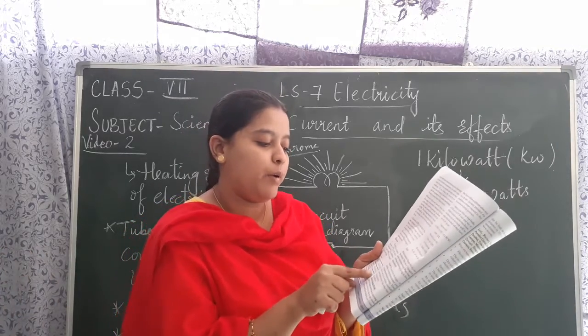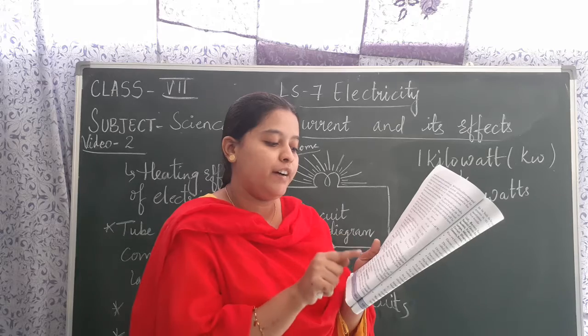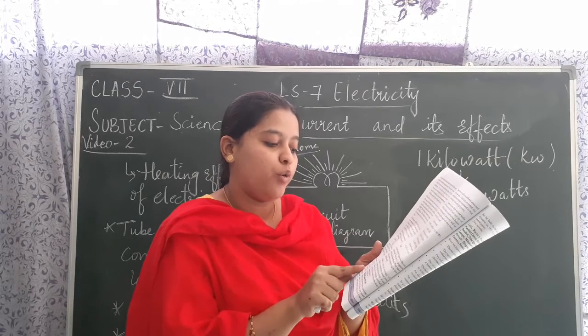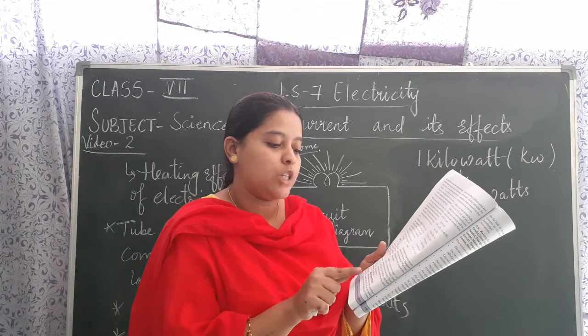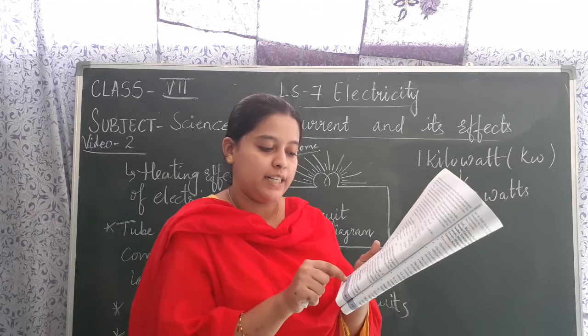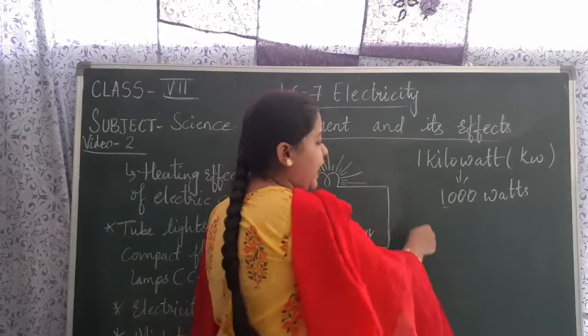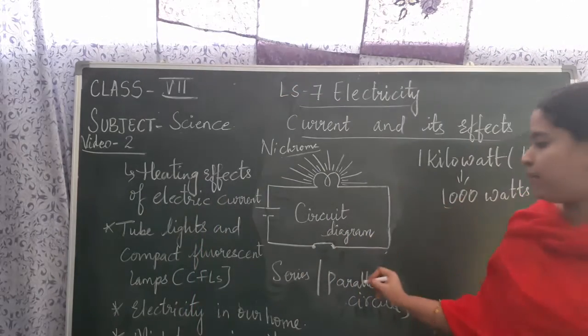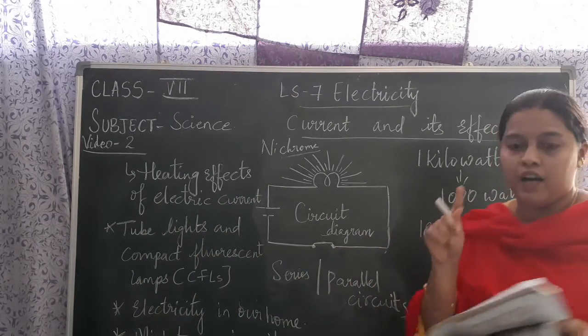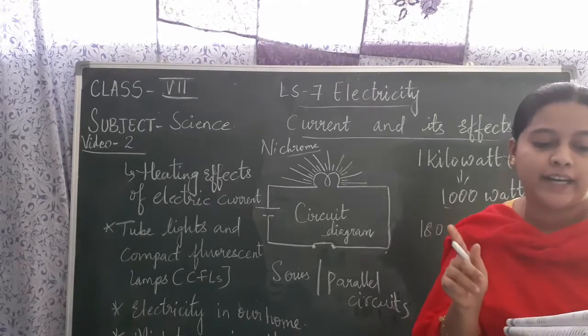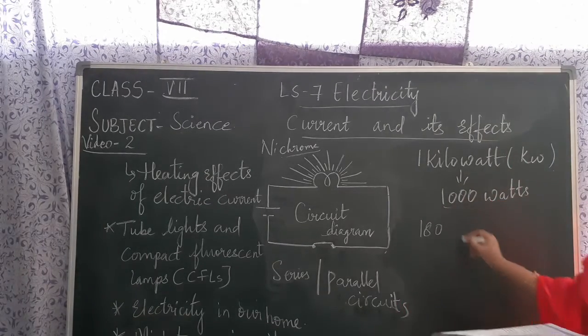Children, the number of units used is 180, and the cost for 1 unit is 3.05.